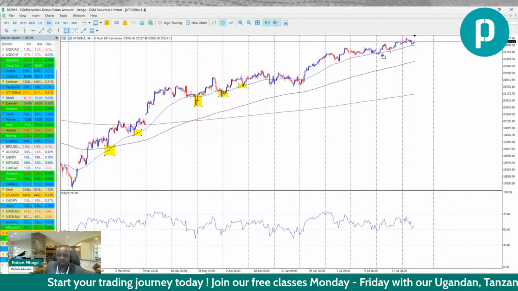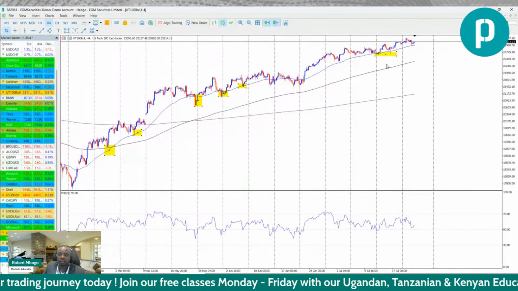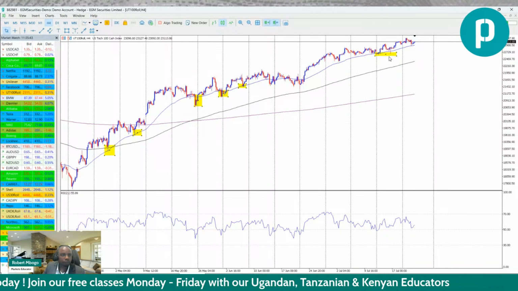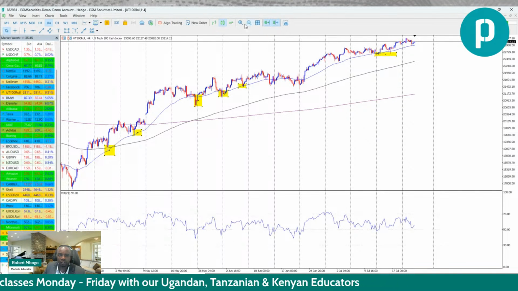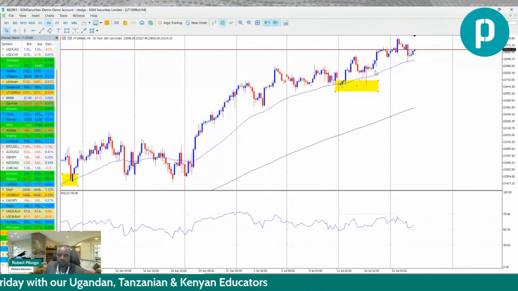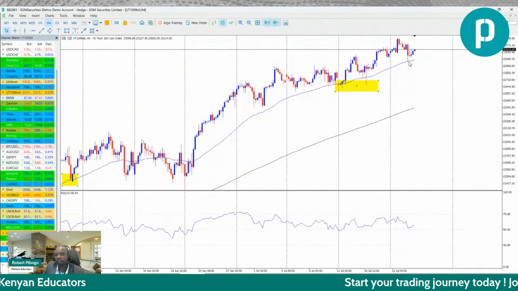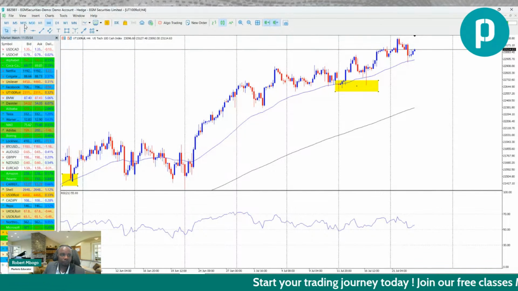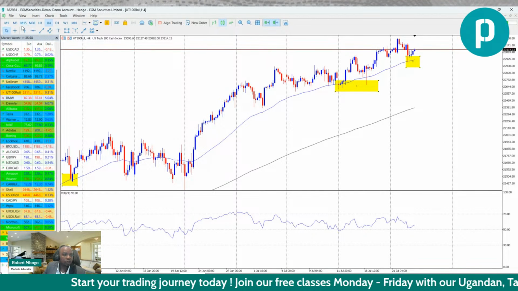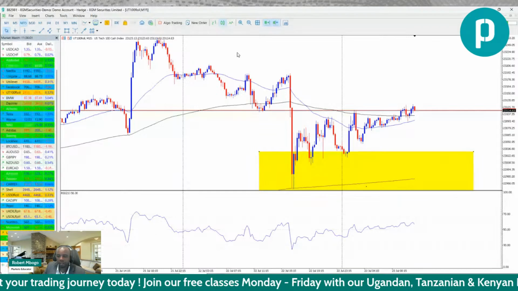See this pattern playing out last week, where the 50 EMA acted as support, right? And of course, yesterday acted as support.